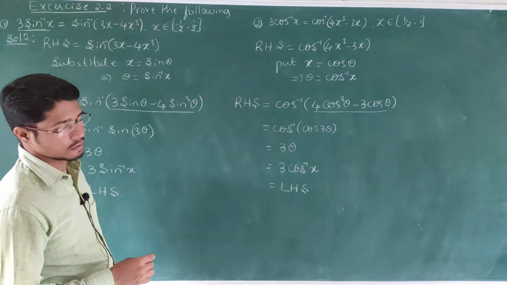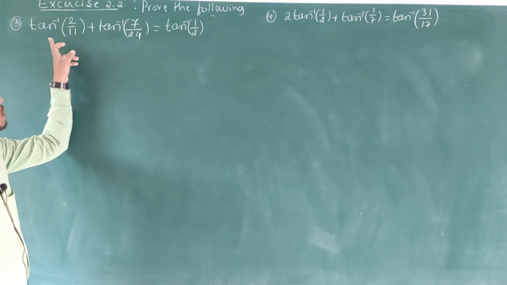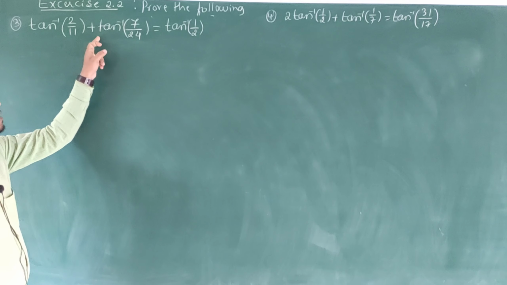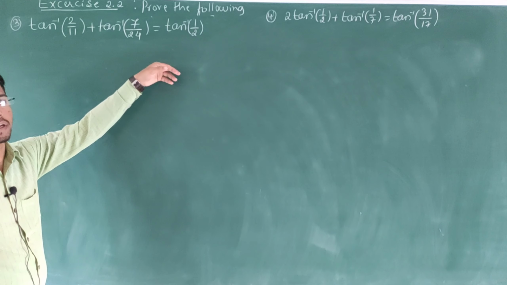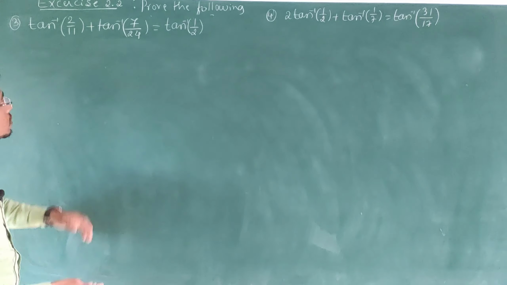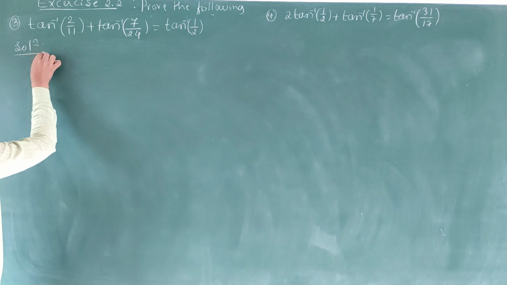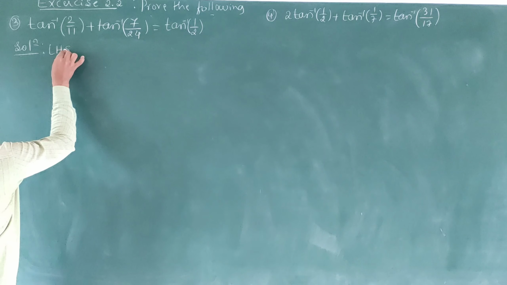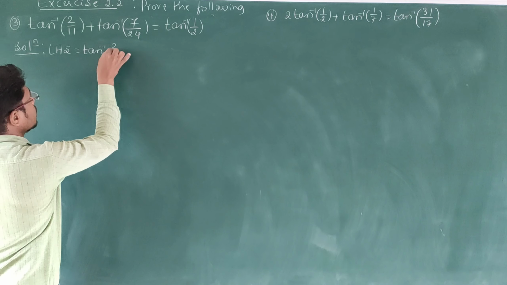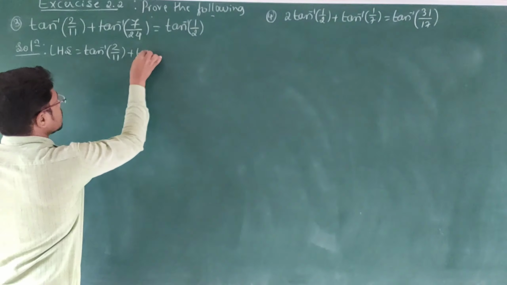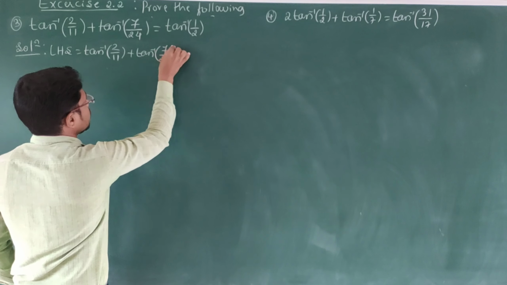Okay, see the next question. Prove that tan inverse of 2 by 11 plus tan inverse of 7 by 24 equals tan inverse of 1 by 2. Consider the LHS. Solution: LHS is equal to tan inverse of 2 by 11 plus tan inverse of 7 by 24.